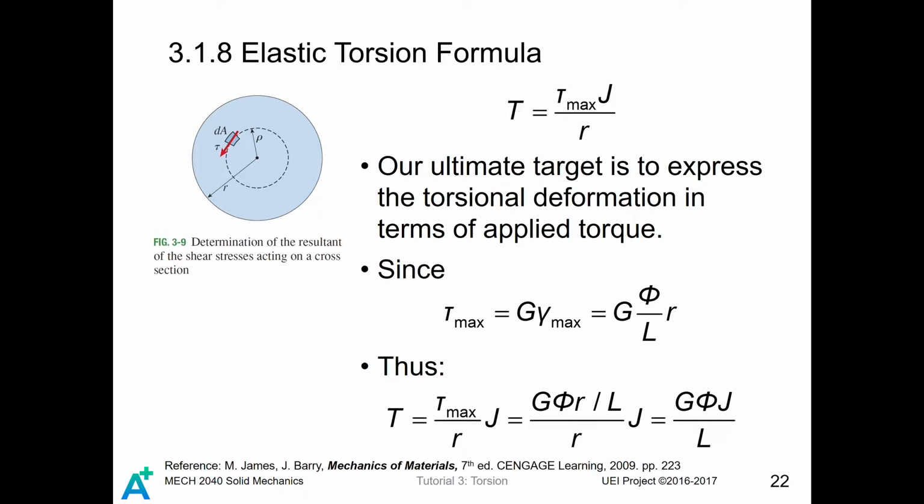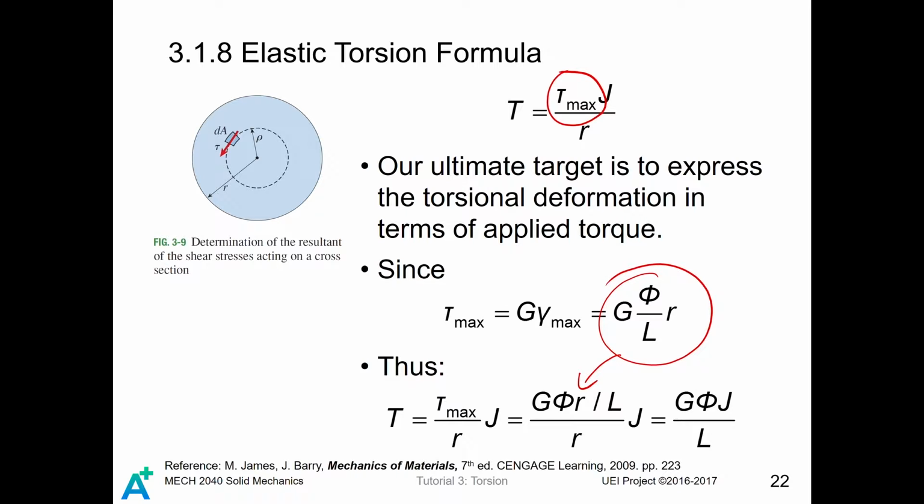Therefore, our ultimate target is to express the torsional deformation in terms of applied torque. Since we know that the maximum shear stress inside the shaft is given by G times phi divided by L times R, we substitute this into tau max, then we get this.